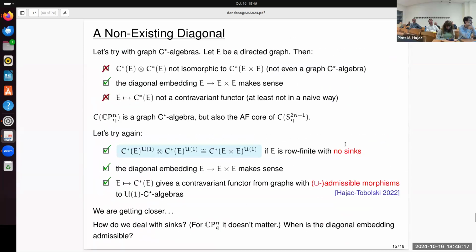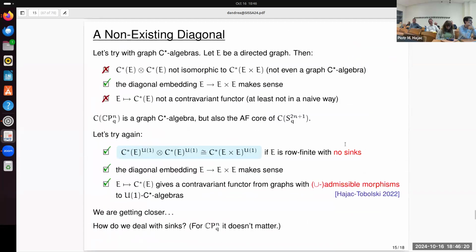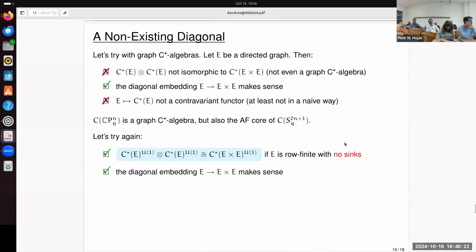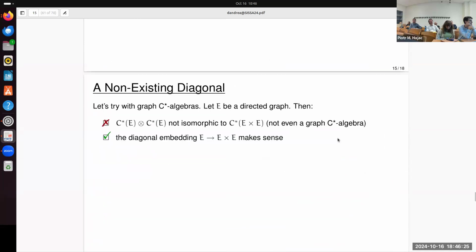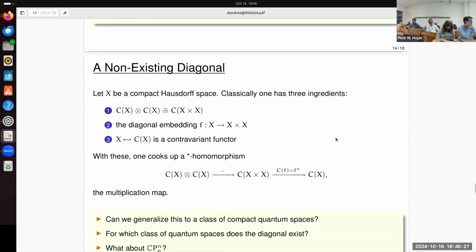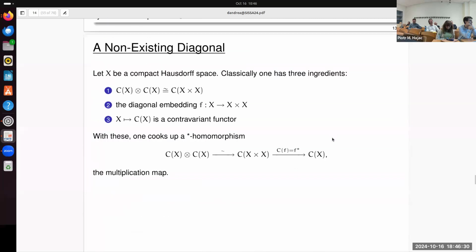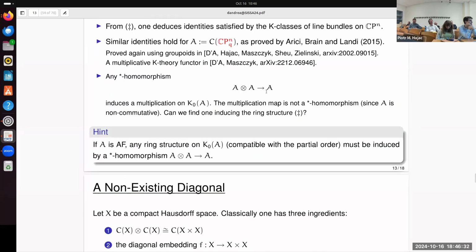I think it is a very good question, but I think that it is the same problem, because let me show again. All we need is this map from A tensor A to A, and then functoriality of our cohomology to get the ring structure. So if you have this map, then whenever your cohomology is a covariant functor, like K-theory or any other kind of generalized homology, because you want covariant, right?